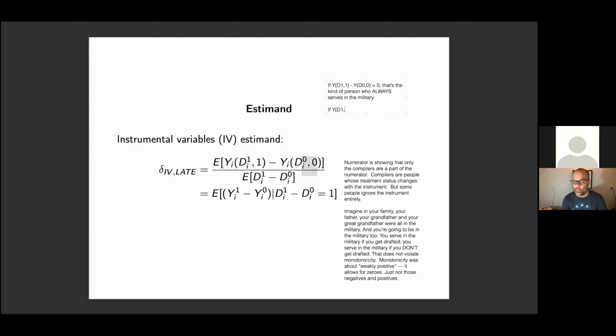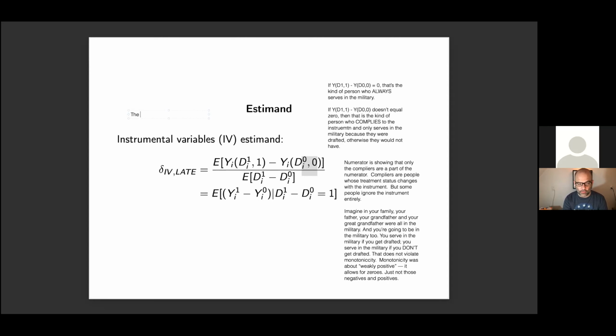If Y(D=1,1) minus Y(D=0,0) doesn't equal 0, then that is the kind of person who complies with the instrument and only serves in the military because they were drafted. Otherwise, they would not have.